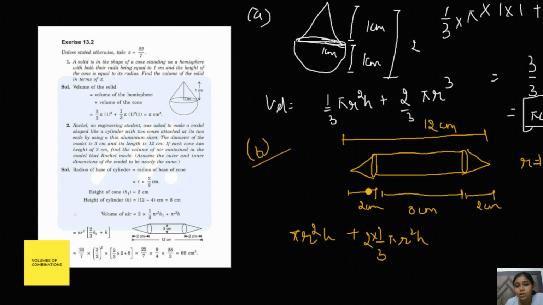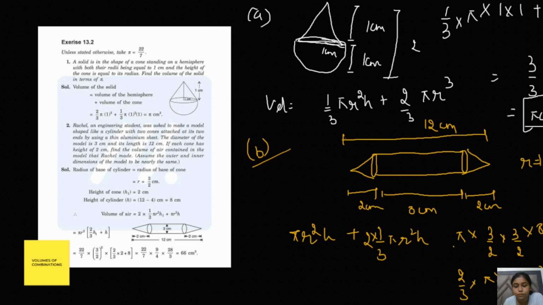We can take out pi as common, so pi into r, which is 1.5 or 3 by 2, into 3 by 2 into h, which is 8, plus 2 by 3 pi, r is 3 by 2, 3 by 2, into h is 2. I hope that's clear to you.